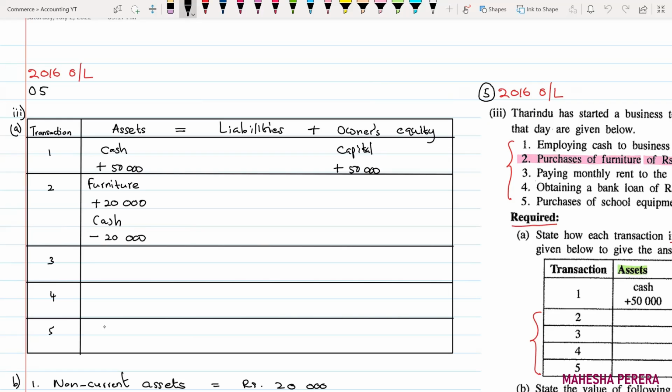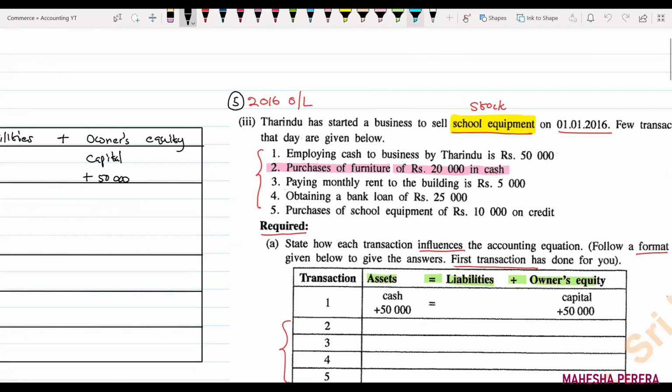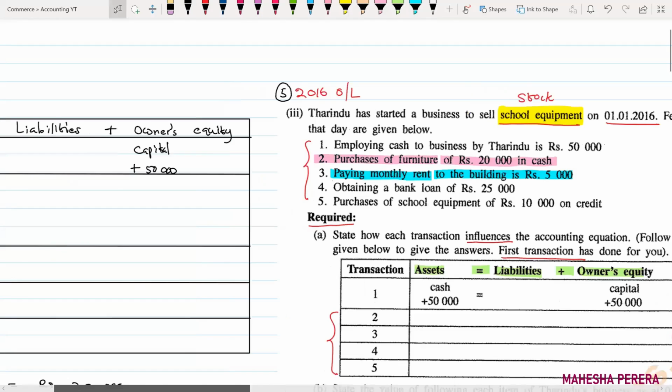Right, third one, let's read the third transaction. What is the third one? Paying monthly rent, right? Paying monthly rent. Now this is an expense, right? To the building is 5,000 rupees. So this is simply paying building rent of 5,000 rupees. Right. Now, when the business pays building rent, what happens?